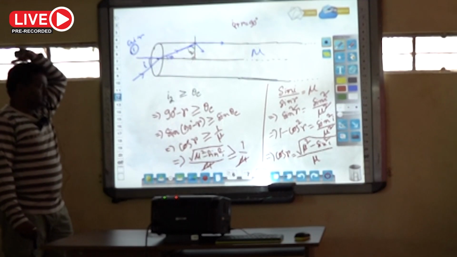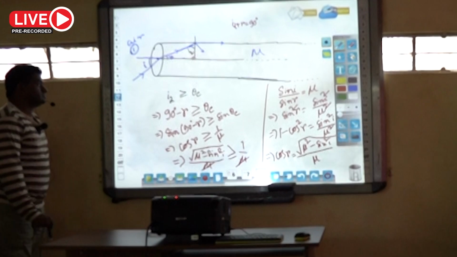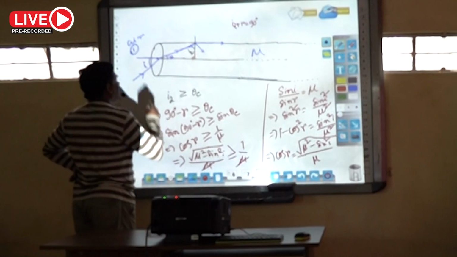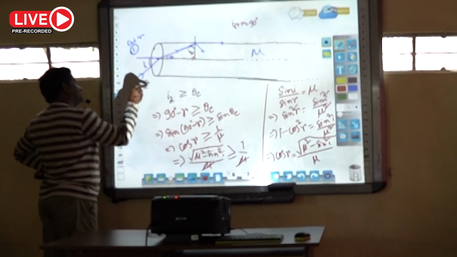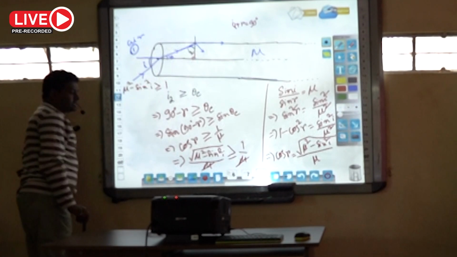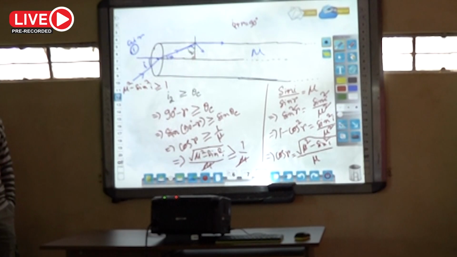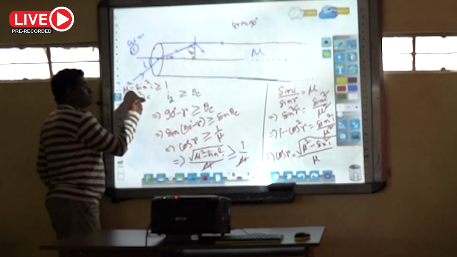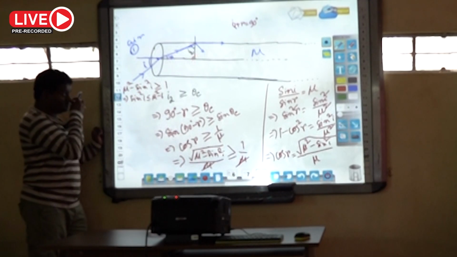Then take the square on both sides. Then it will be mu square minus sin square I greater than or equal to 1. So we can write sin square I less than or equal to mu square minus 1.